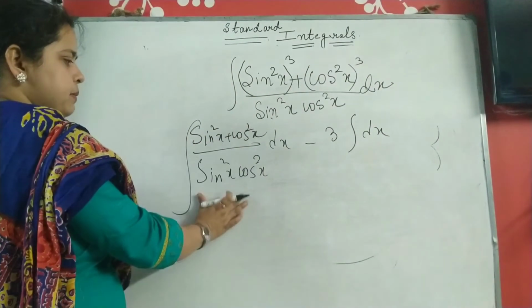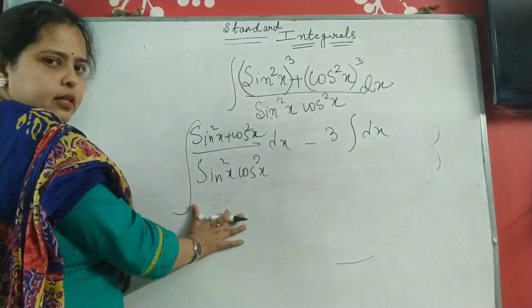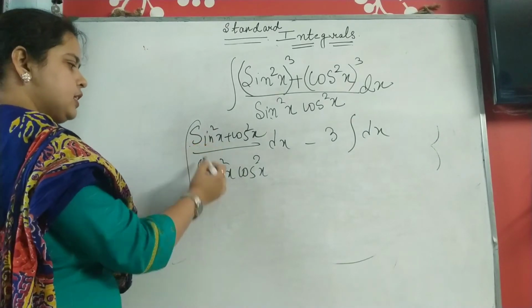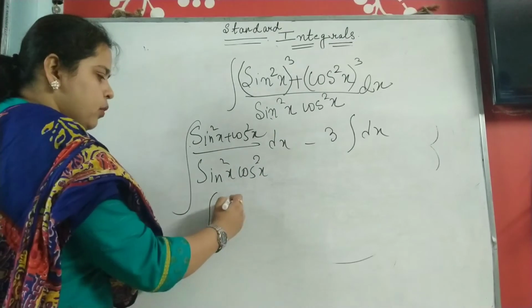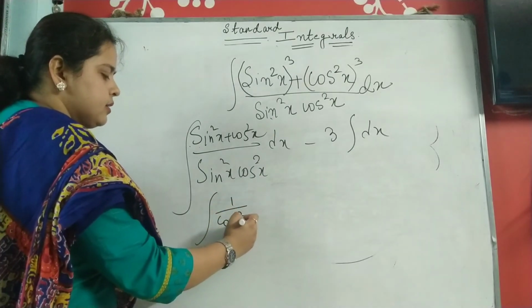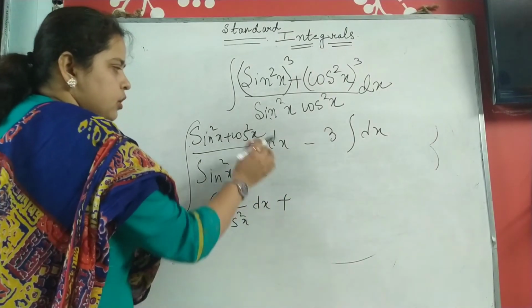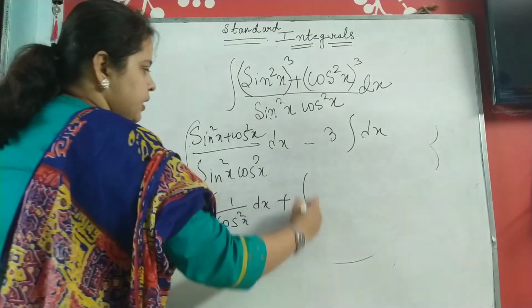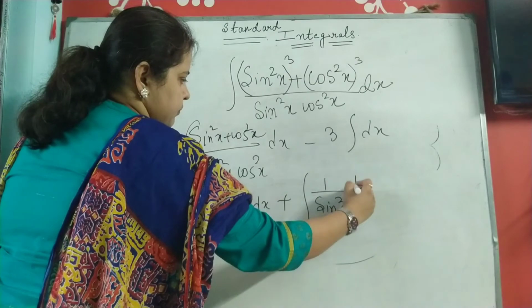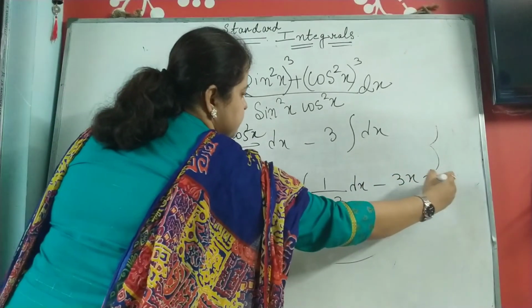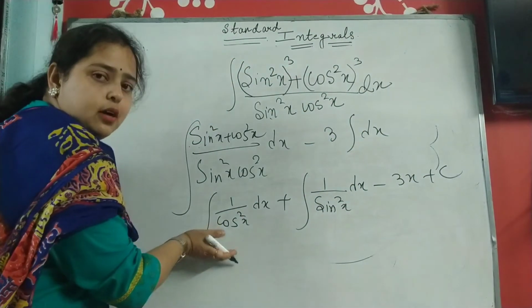This is sine square x by this and cos square x by this. So sine square x by this means 1 by cos square x. Cos square x by this means 1 by sin square x. And 3x plus c.